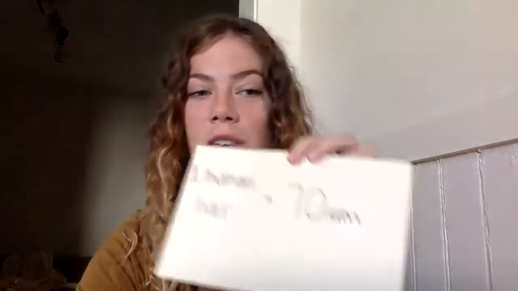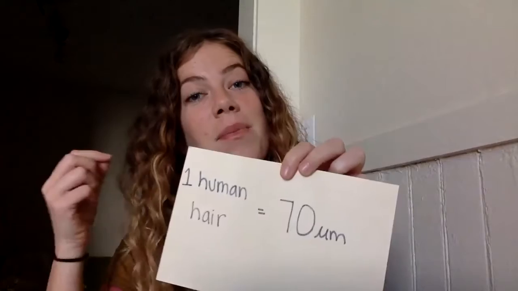Micrometers is probably a unit that you haven't heard of. One human hair equals 70 micrometers. So 10 or 2.5 is much smaller than a human hair, which means that they can get past your nose hairs, which usually act as a filter for your air, and they can get into your lungs. So that's why it's really important to keep track of the particulate matter in our air.